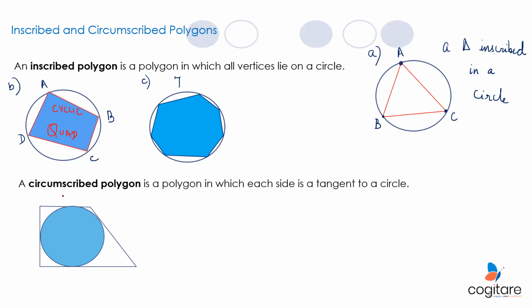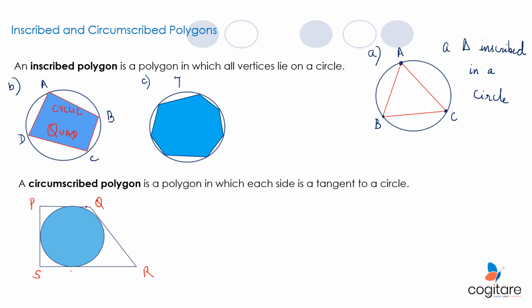We have what is also a circumscribed polygon. What does that mean? It is a polygon that actually has a circle sitting inside it, okay? And by virtue of that, what's happening here? So if I name this polygon PQRS, you'll observe that each side of this polygon happens to be a tangent to the circle, right?